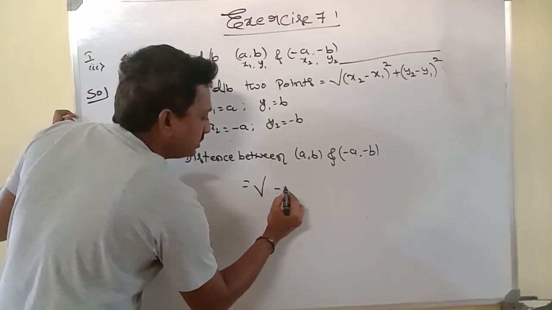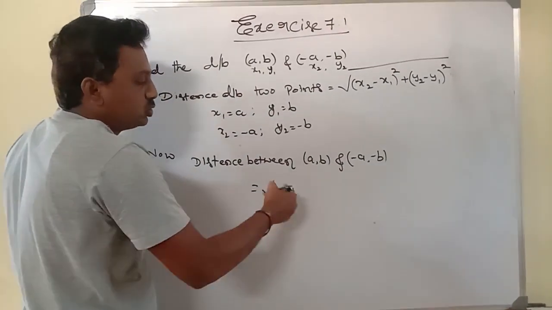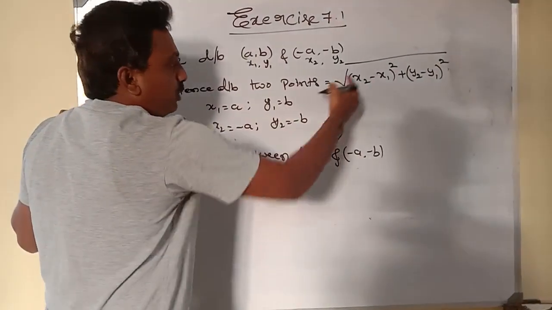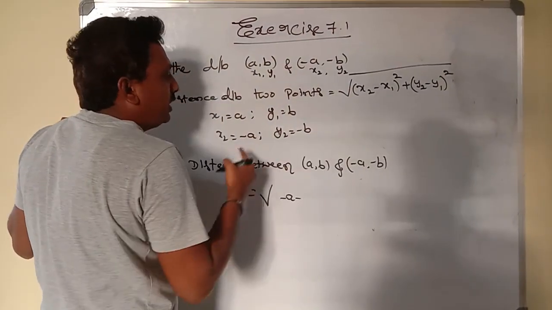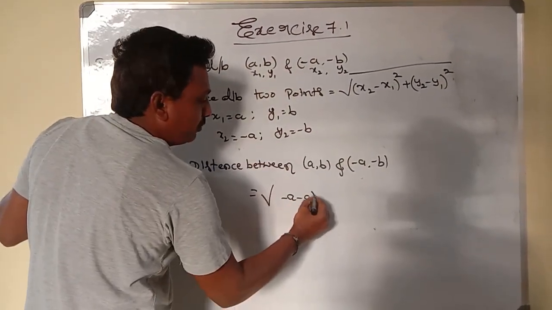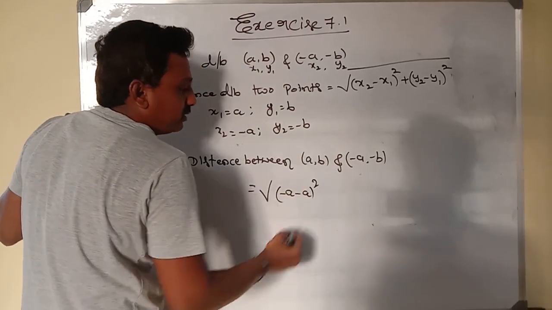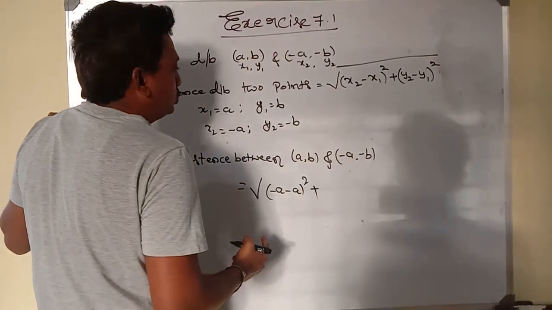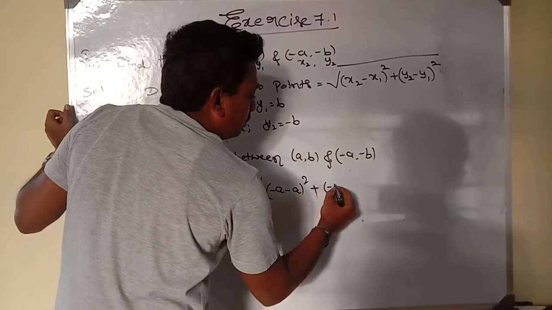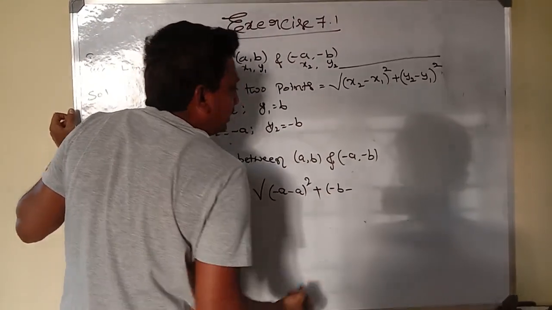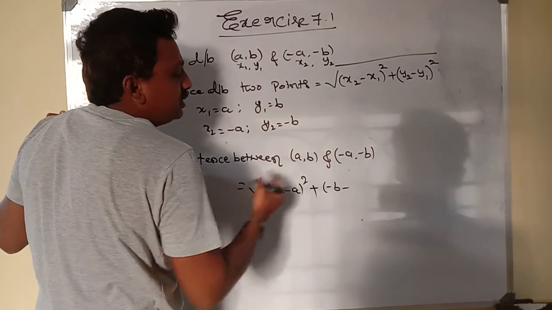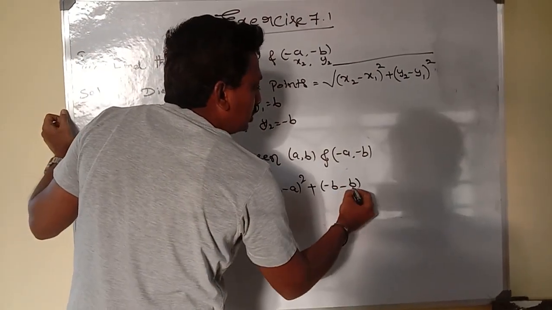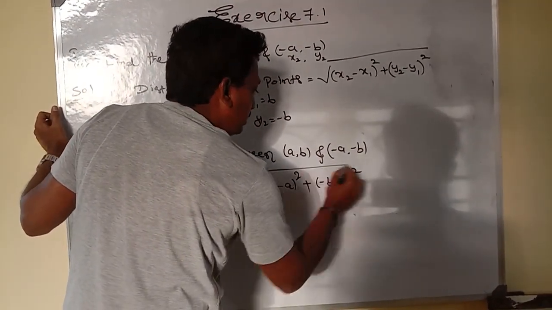That one you should write. x2 is minus a, in the formula minus x1, which is a, whole square, plus (y2 minus y1) whole square. What is y2? Minus b, minus, in the formula, y1, that is also b, whole square.